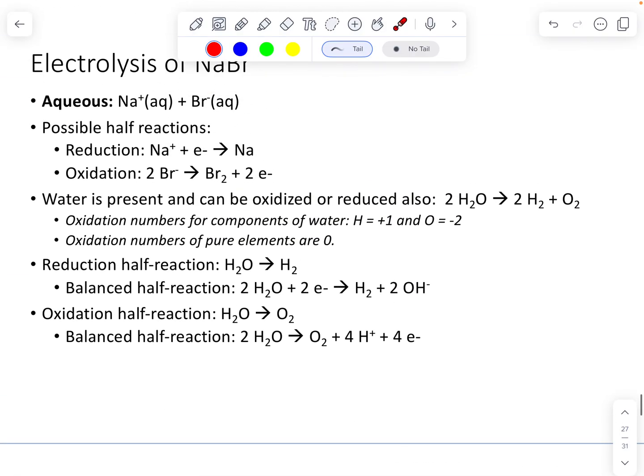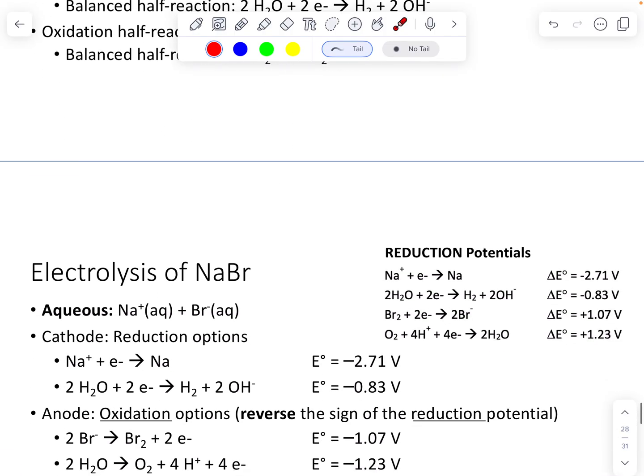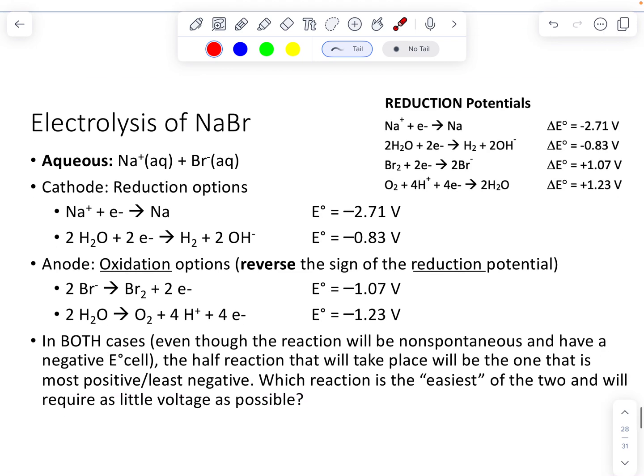So if we look back at the water, the bottom one is written backwards because it's written as a reduction potential. So it's written as oxygen to water for the bottom one up there.